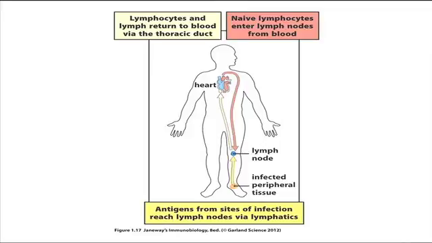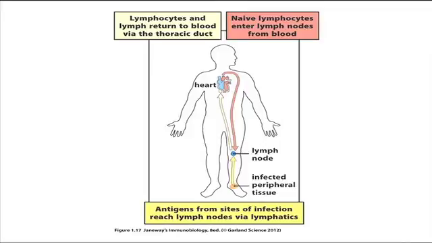Naive lymphocytes, which means lymphocytes that have not been triggered by recognizing a component of a pathogen, such as a bacteria or a virus, and these components are called antigens when they're recognized by either T cells or antibodies.